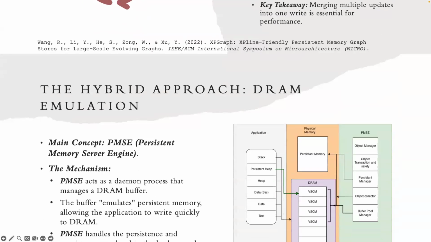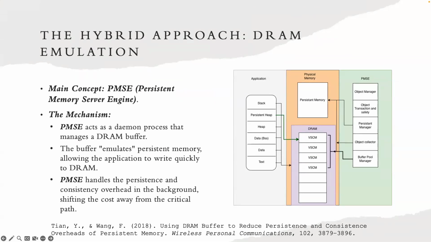And then we have another hybrid approach where the framework exposes an API to the application. The application thinks that it's writing the data into the PM, but instead it's actually writing in small chunks in the DRAM, and then the engine merges everything back to the PM.